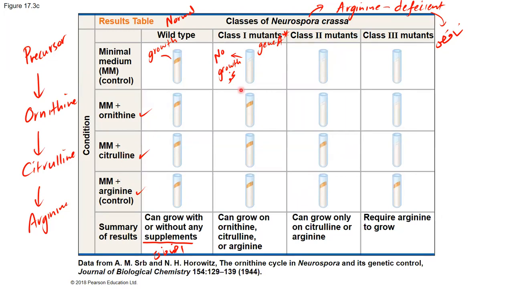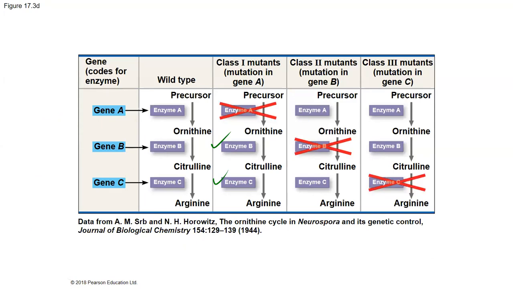Why? Because class 2 mutants turned out to have a mutation in gene B, which means that enzyme B does not have an activity inside Neurospora cells.